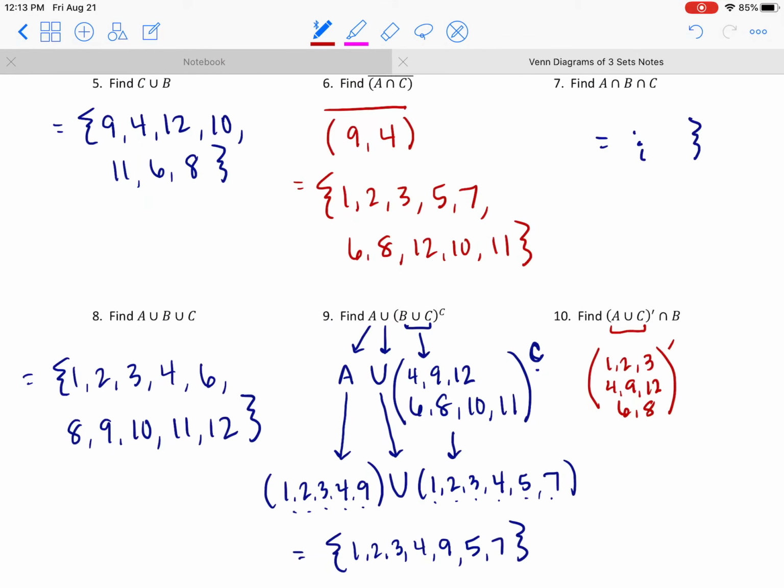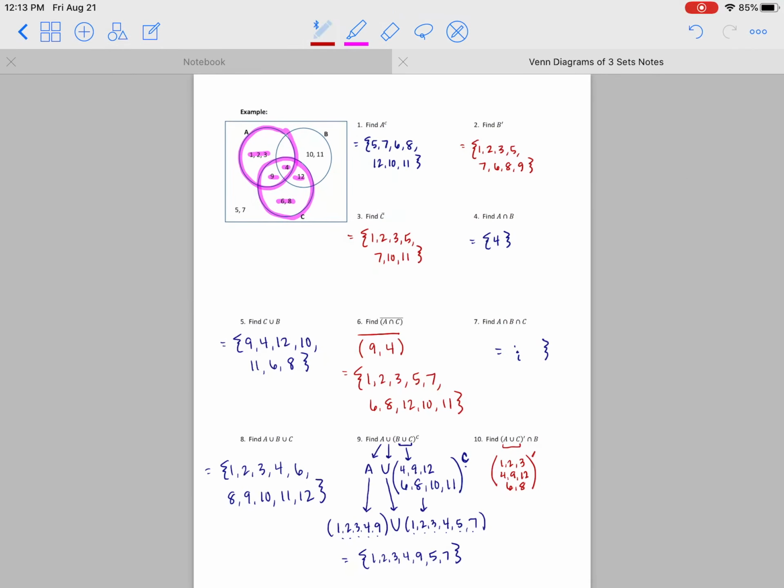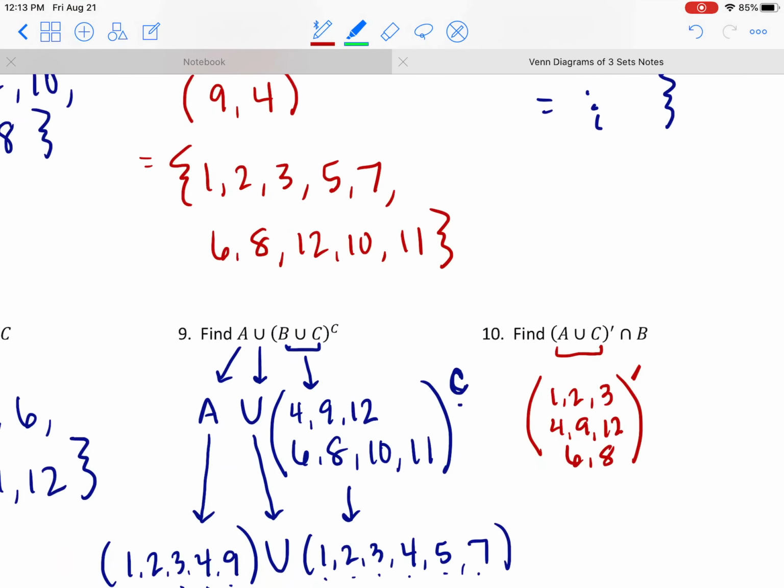Now I need to find the complement for that union, which means what's not in that union. Not in that union, everything else would be the 10, 11, and the 5 and 7. So that takes me to the 10, 11, 5, and 7. Okay? So that's this half of the problem.